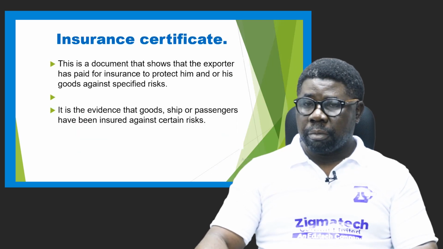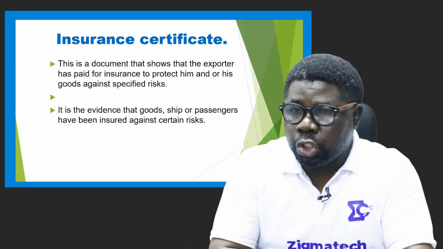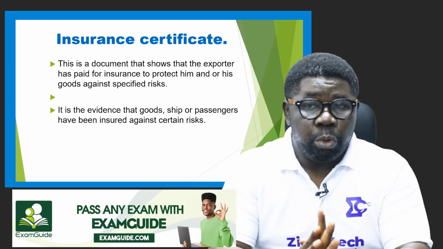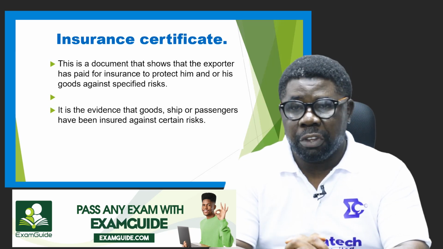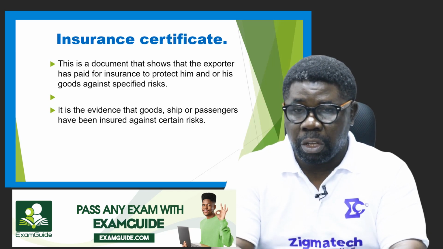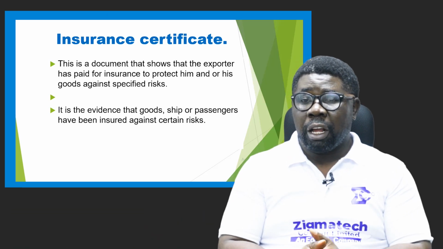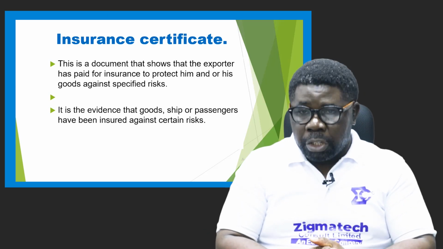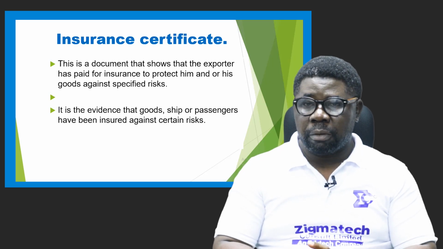Insurance certificate is another one. An insurance certificate is a document that shows that the exporter has paid for insurance to protect him and his goods against specified risks. This certificate clarifies that the importer has observed his obligations to protect the goods he's transporting.